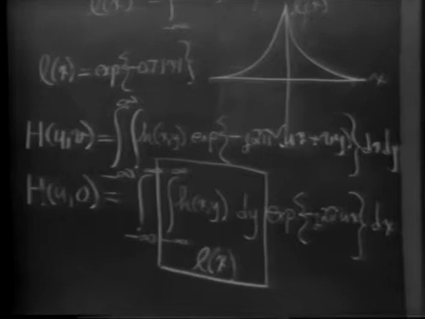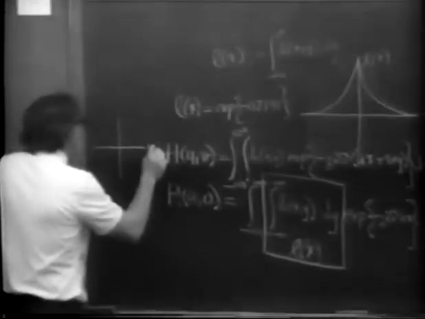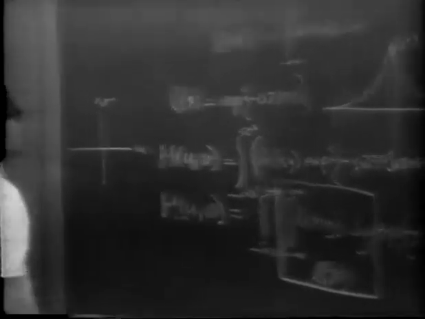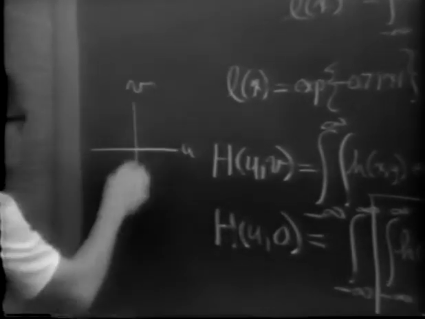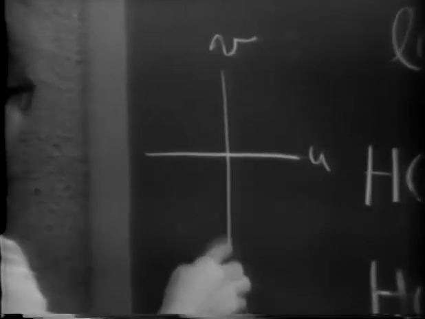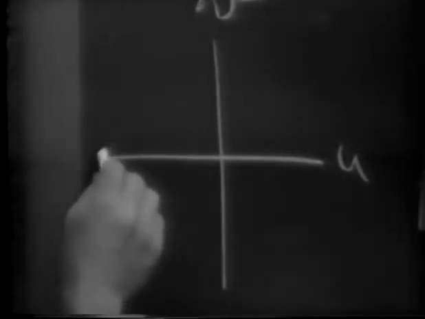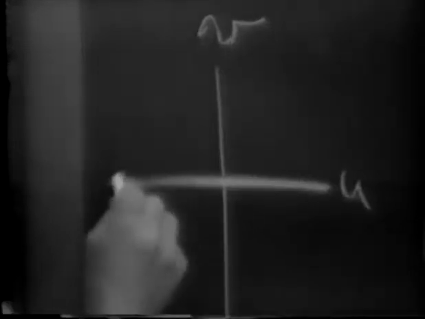Let me sketch that out and see just the uv spatial frequency plane. V equals 0 would be right along this particular line, right? So h of u and 0 would be the values just along this axis in the two-dimensional plane.